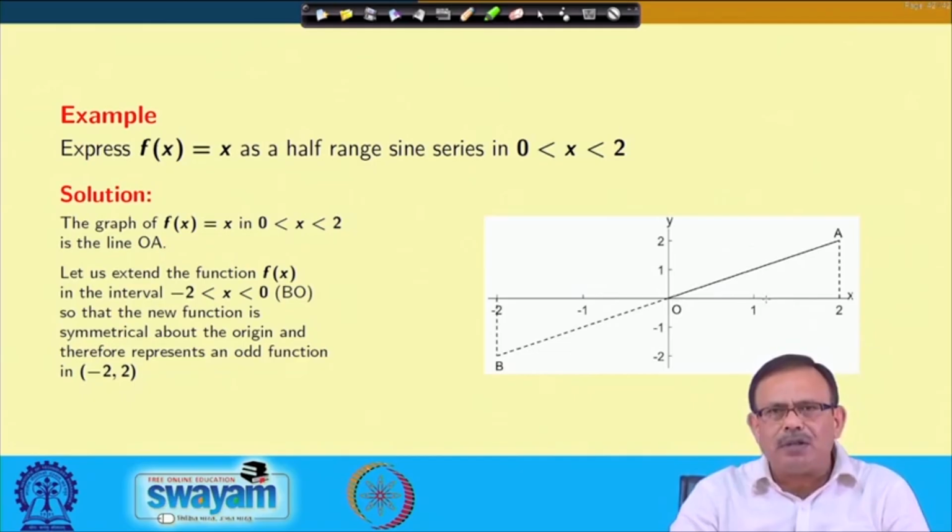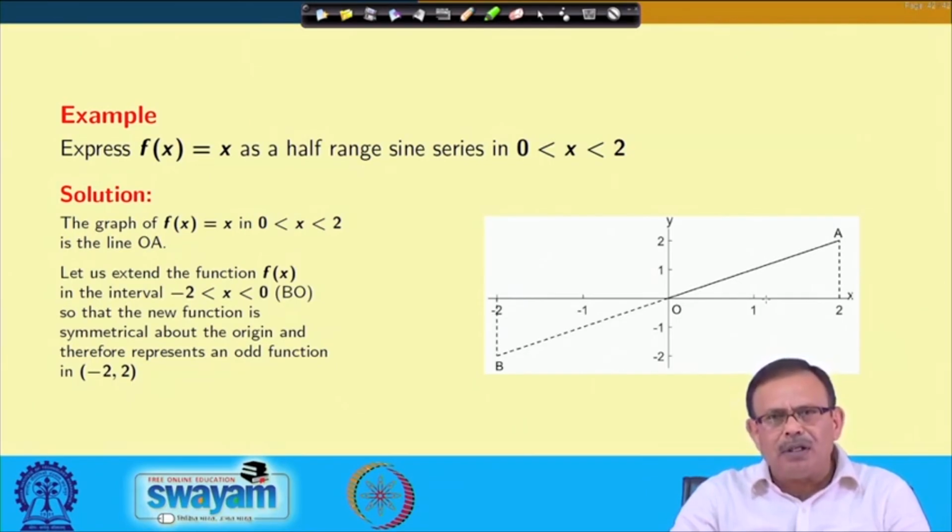So, basic idea is whenever a function is given and we have to find out the half range series, whether it is cosine series or it is sine series, we will first draw the original graph in the given interval, that is 0 to L, then extend it in 0 to minus L. I will extend it in such a fashion that it will be symmetric either with respect to origin or with respect to the y axis, depending upon whether I want the half range sine series or half range cosine series.